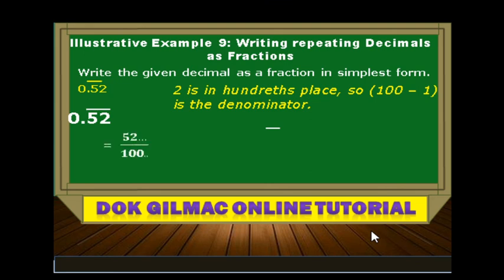So we have 52 over 99. A fraction in simplest form. So this cannot be reduced. So this is just our final answer. 52 over 99.